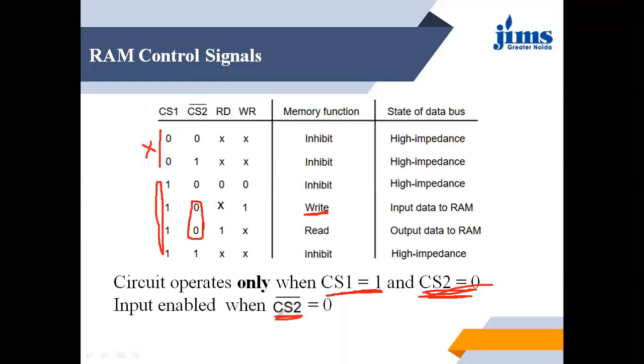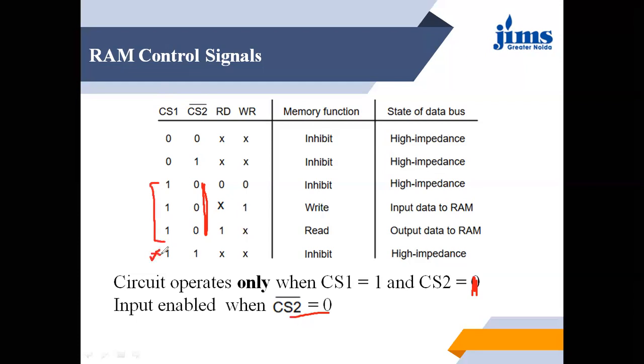When CS2 bar is 0, then it is 1. By mistake, here it should be 1. So CS2 should be 1, but the value of CS2 bar is 0. So the value of CS2 bar is 0 only in these 3. So operations can be performed only in these 3, not over here.